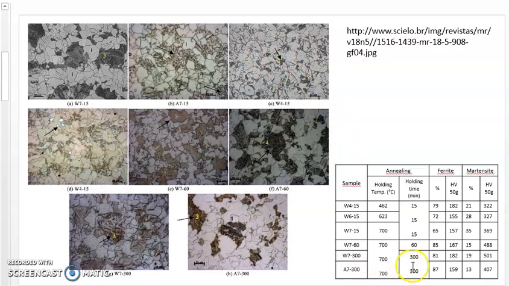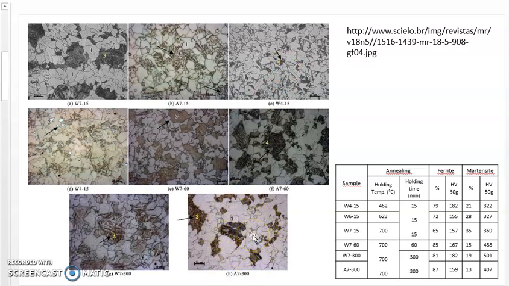And for long times, for example, the sample A7 300 minutes, look at the size of the grain. It's clear that these grains are bigger than these ones. This sample was annealed for 15 minutes, and this sample, the A7 300, was annealed for 5 hours.